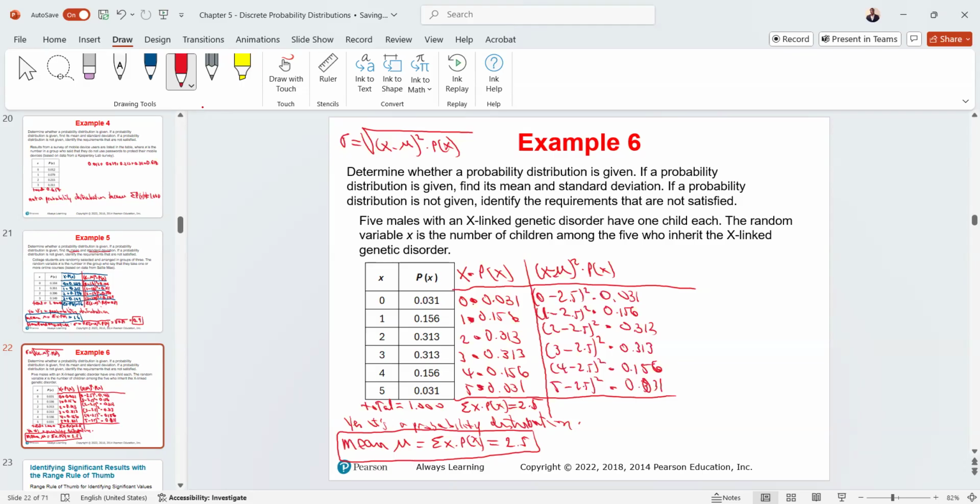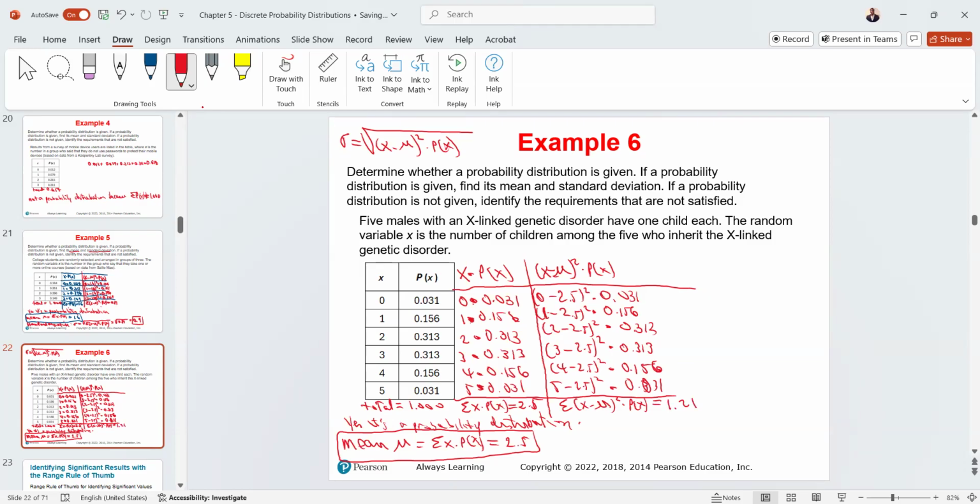Now, this is something we just did, but as I said, we can do even better. When you add all of this together, that means we're going to do the sum of x minus the mean squared times p of x. The answer would be 1.21.